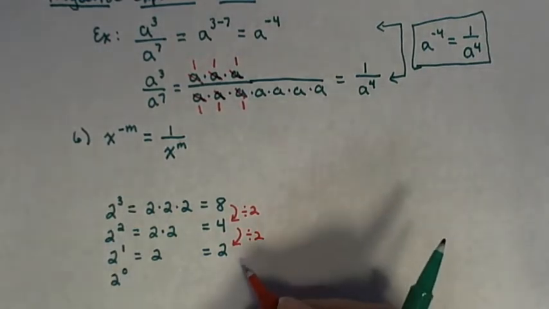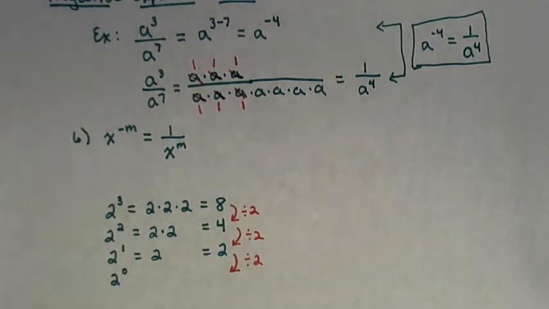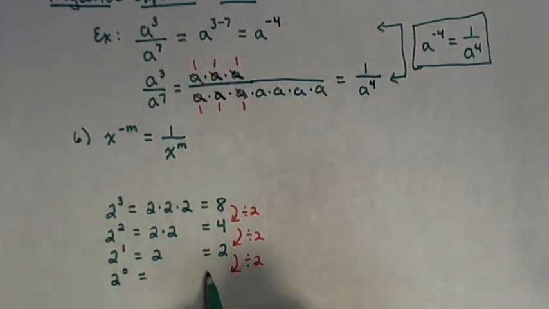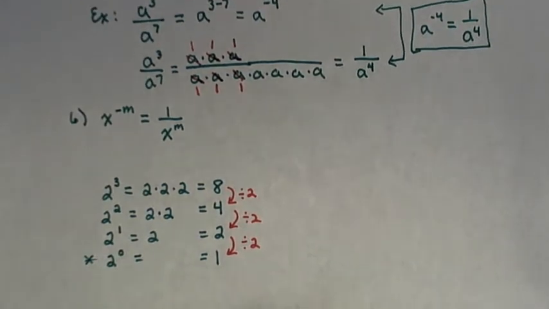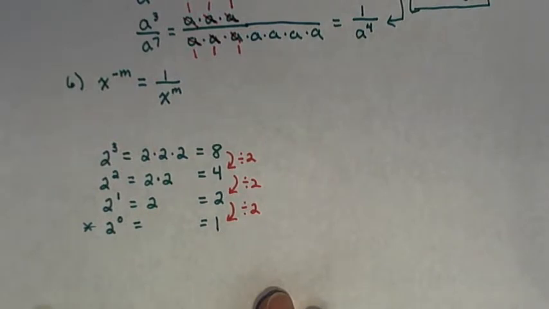Well, if I think about the pattern over here, I need to take 2 and divide it by 2. So 2 to the 0 has to equal 2 divided by 2, which is 1. And so notice that that's my 0 exponent rule. It fits right into this pattern. But now I need to keep going.